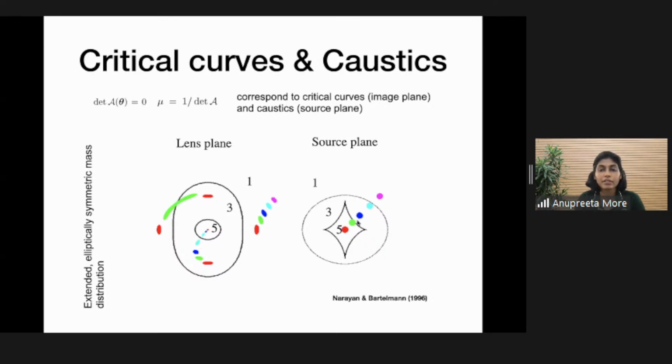When the source is much closer to one of these caustics, this means the corresponding lensing magnification is going to be extremely high. That's where we can see this green arc-like structure, which means the images are extremely distorted in certain directions, and the magnification is extremely high. Yeah, I hope that helped.